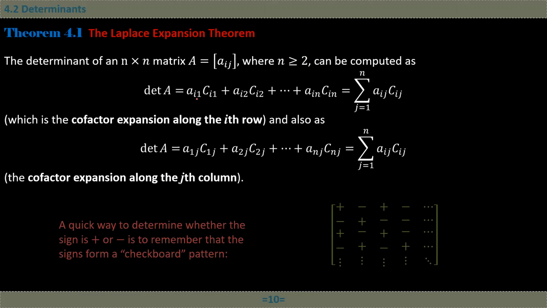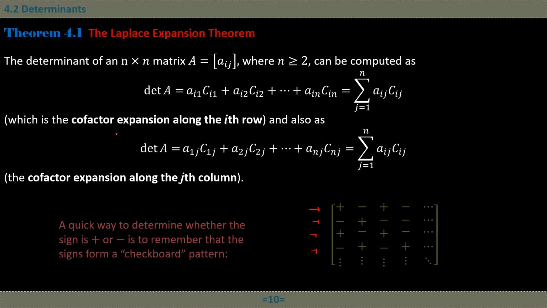Determinant of A equals Ai1 Ci1 plus Ai2 Ci2, and so on. What is i? Actually, this is the ith row, right? So you can just use the first row or the second row, the third row, fourth row, right? It doesn't matter. It just gives us the same results, okay?